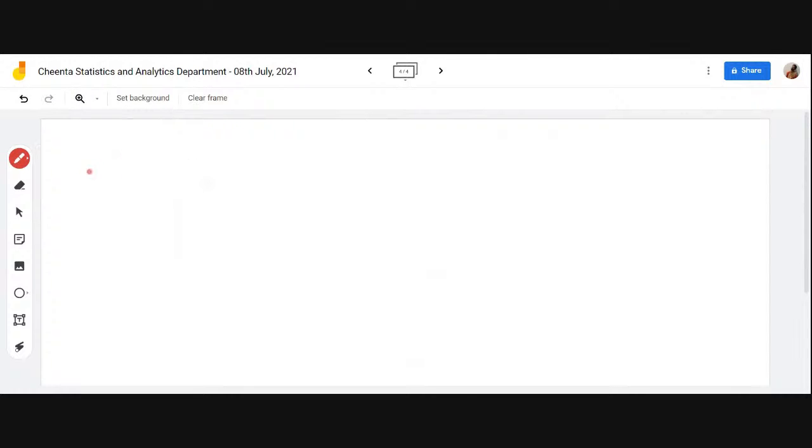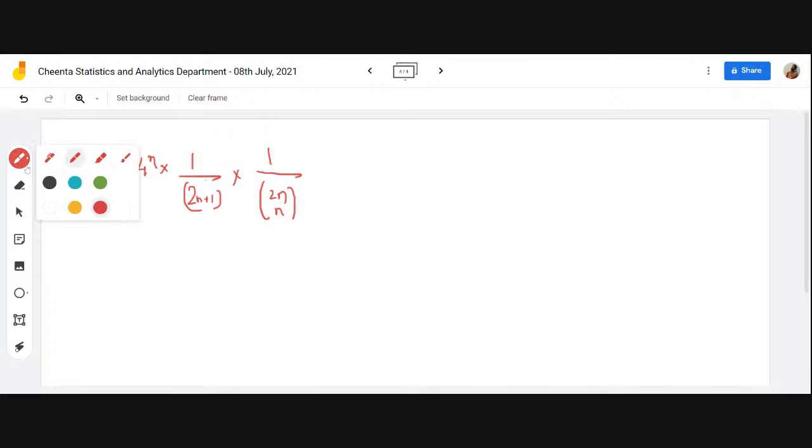So we have got this aₙ is equal to 4 to the power n into 1 by (2n plus 1) into 1 by (2n choose n). Now if you raise it to the power 1 by n, you get aₙ to the power 1 by n. Now you want to take the limit as n tends to infinity.